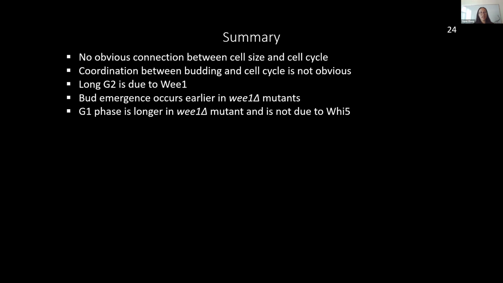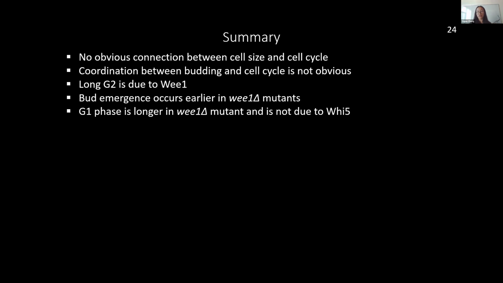So, summary of the entire talk: by looking at the cell cycle in pleuripotent control and several cell size related genes, we found that there's no obvious connection between cell size and cell cycle. The coordination between budding and cell cycle is also not very obvious.